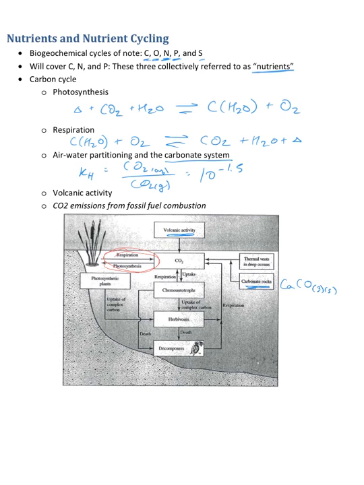where photosynthesis is taking up the carbon dioxide, and then you could have animals respiring carbon dioxide back. The chemoautotrophs here, respiration to create carbon dioxide.